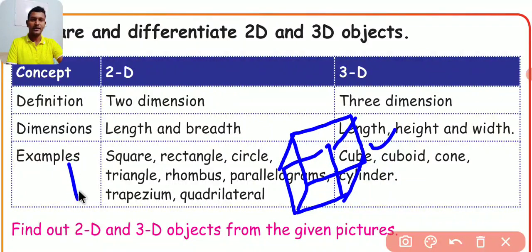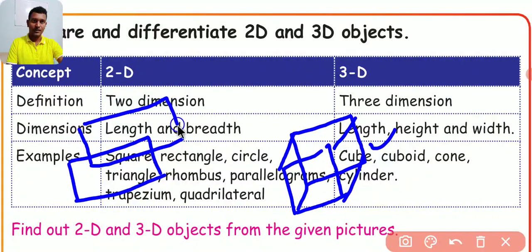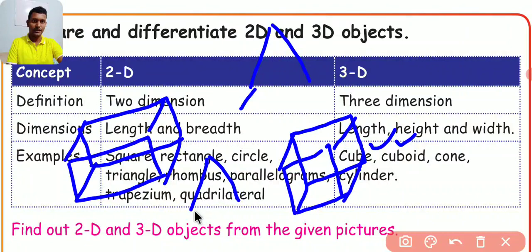Cuboid is made by rectangles. You just draw the rectangle like this and, joining the corners, you will get the cuboid. Cone is nothing but this is a cone. Sorry, that is not clear. I draw here. This is a cone.